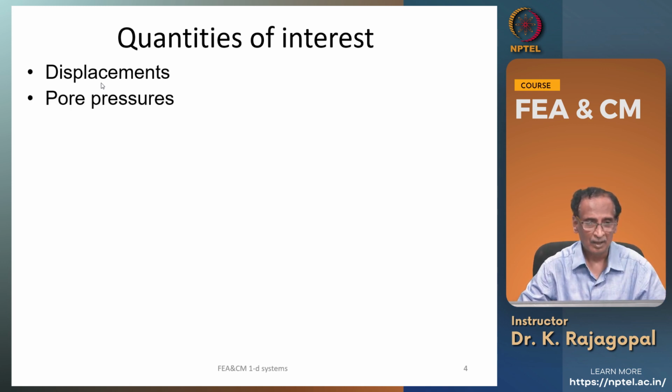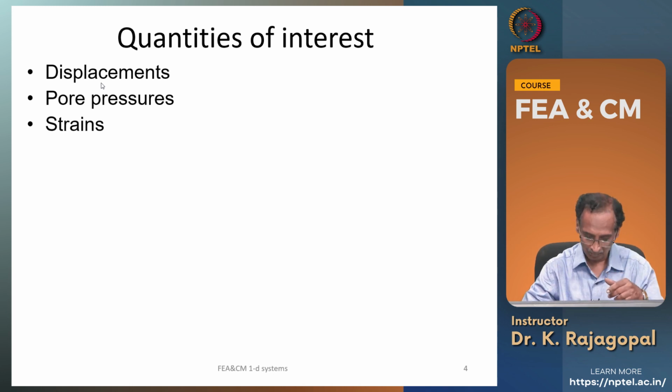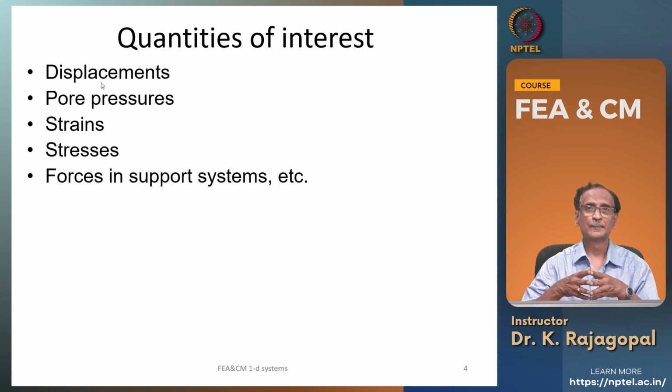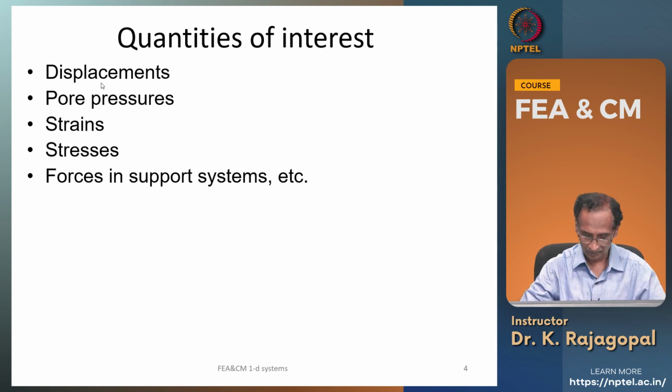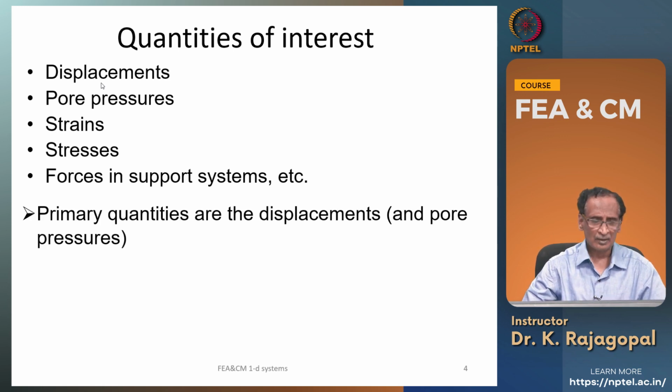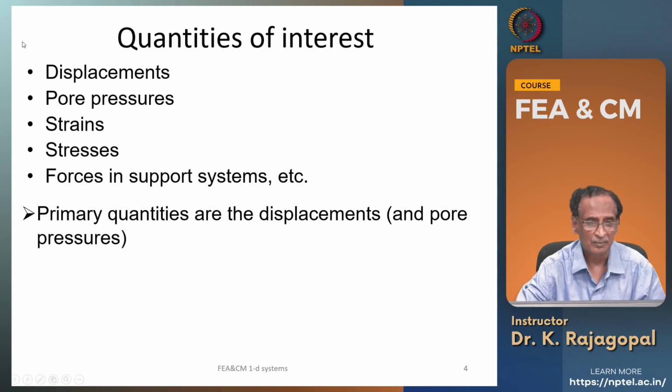And then we have the pore pressures, and then we have the strains, and then stresses, and then the forces in the support systems or in the soil and so on. Okay. And the primary quantities that we determine are the displacements.